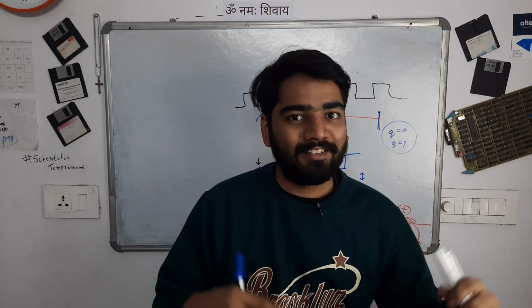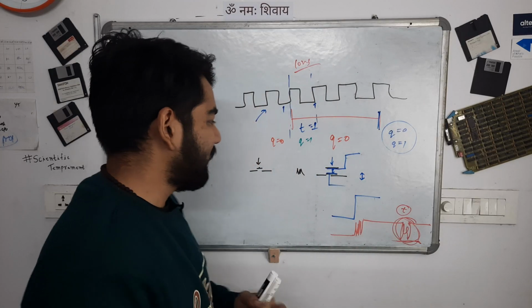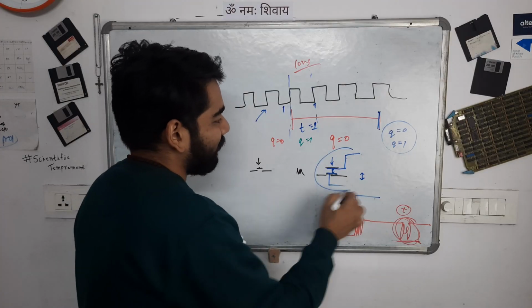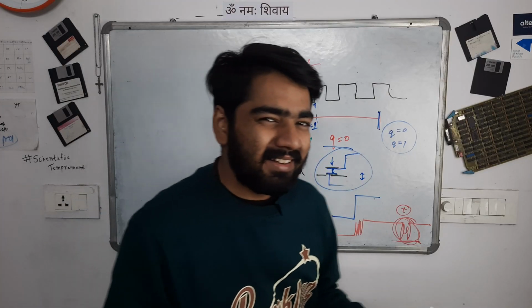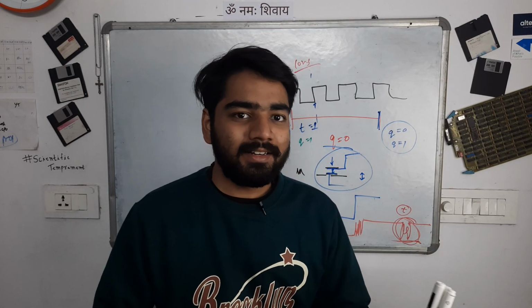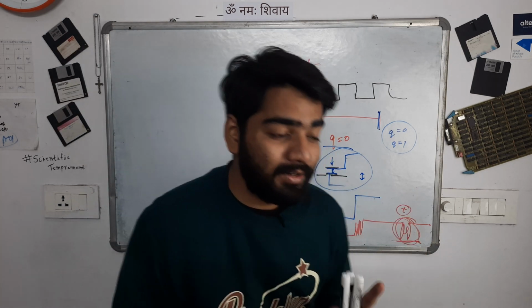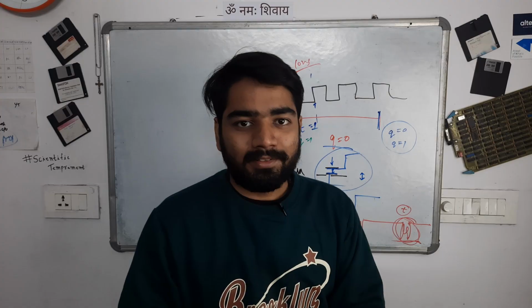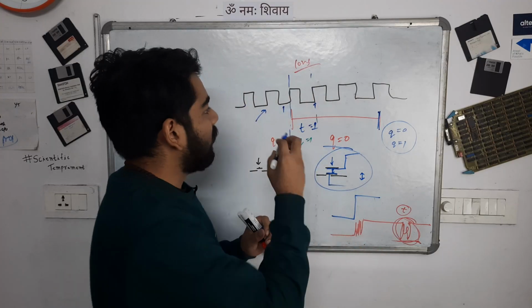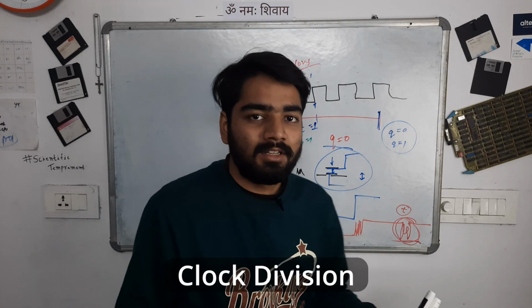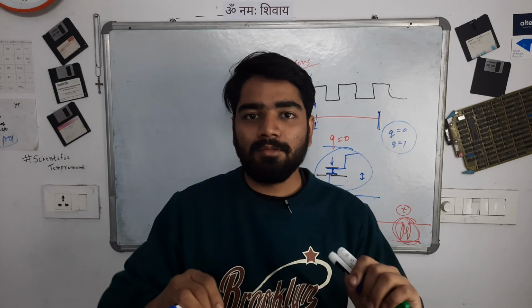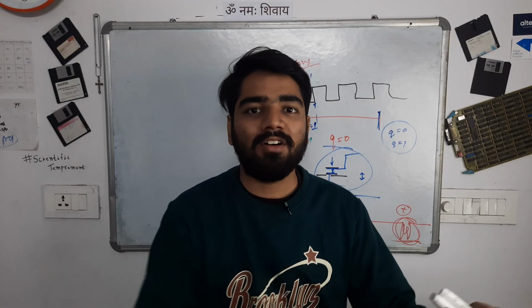Now how can we solve this? First off, we need to do the debouncing. Second, for practically observing Q on the LEDs, you need to slow down the clock. In the next two videos, I am going to do all those things. I'm going to explain clock division, which is very important. One of the most important things in sequential logic is clock division itself.